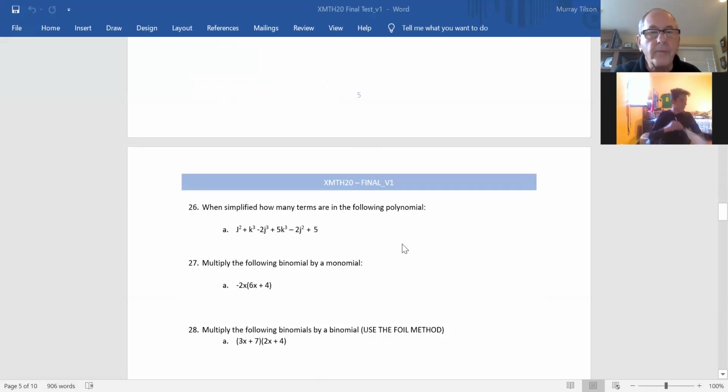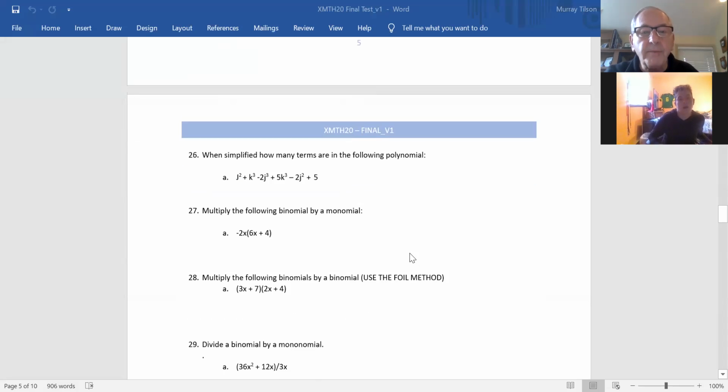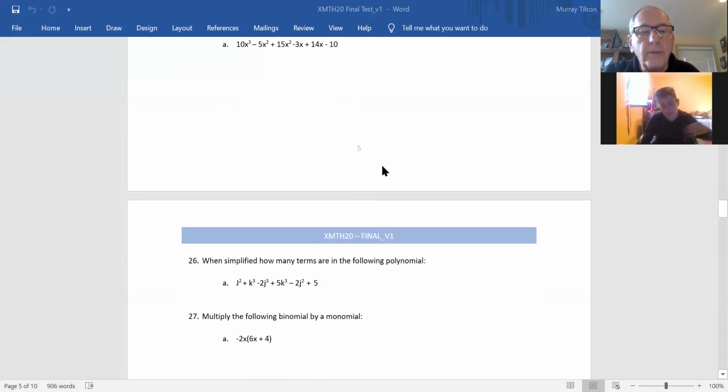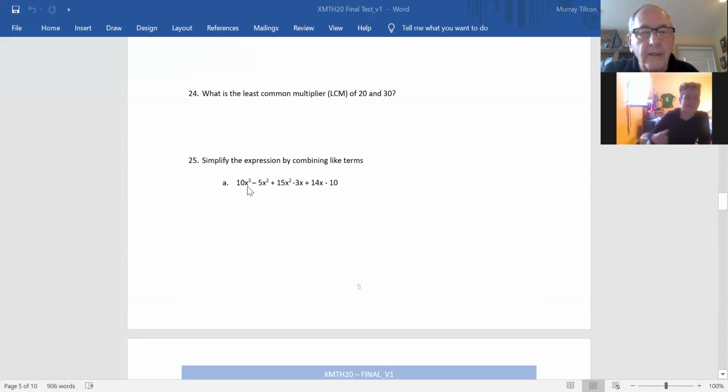Okay. Moving on. Know how to simplify terms. Know what a like term is. You can look for the like terms, right? So in this one up here, x to the third power, that's a term where there's no other term like it, there's just one of those.